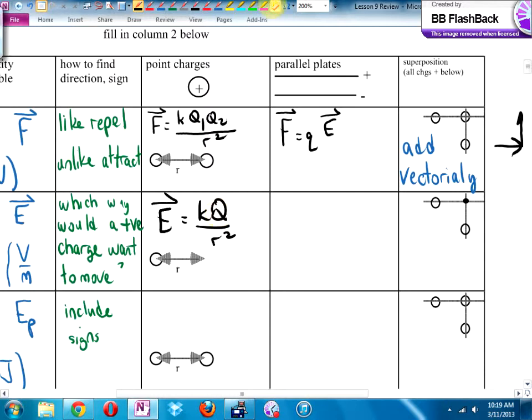And Dylan, this is why I said that this equation is actually the universal one, because if I plug this into the E up here, then I'll get K, big Q, little q over R squared. I'll get that equation. It's contained and hidden inside there. What was the electric field between parallel plates?